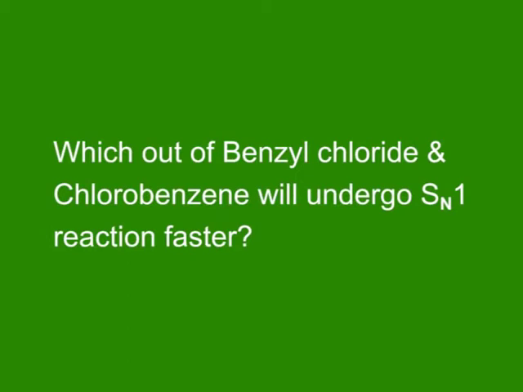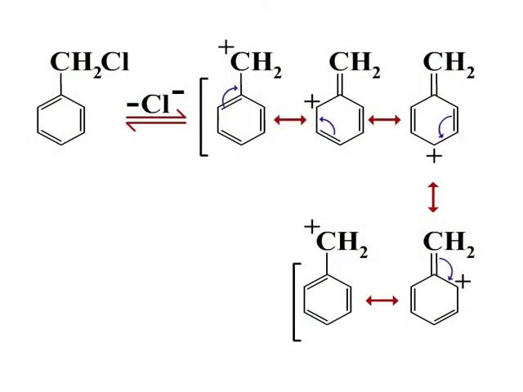My next question is, which out of benzyl chloride and chlorobenzene will undergo SN1 reaction faster? And the answer is benzyl chloride is more reactive towards SN1 reactions than chlorobenzene because it readily ionizes to give benzyl carbocations which are resonance stabilized.